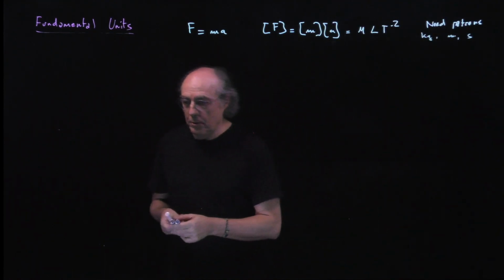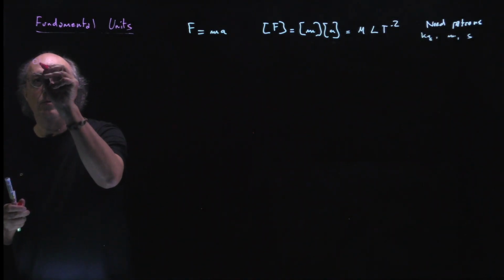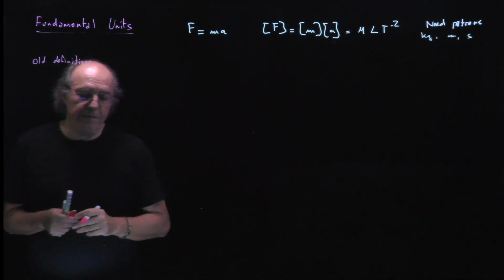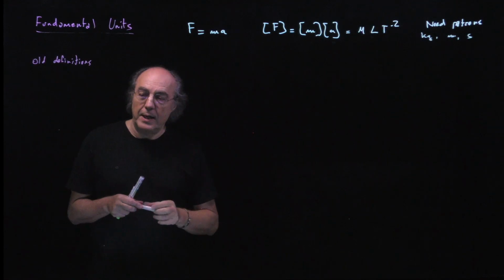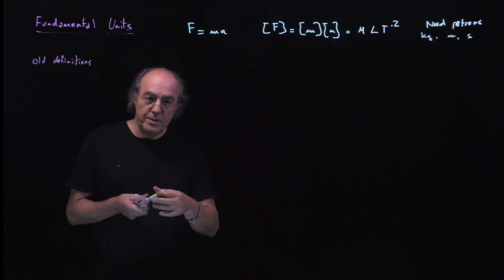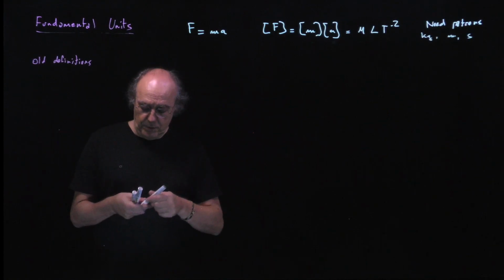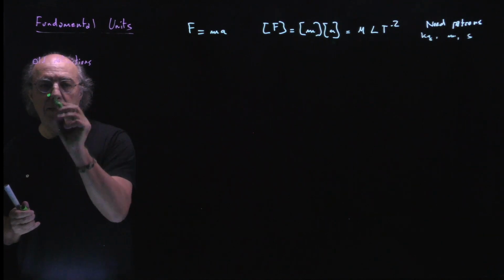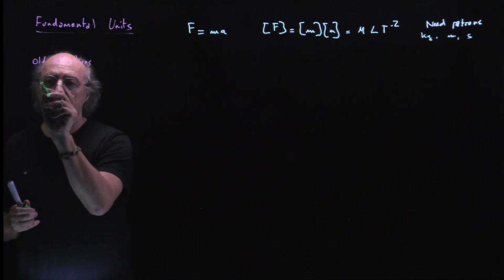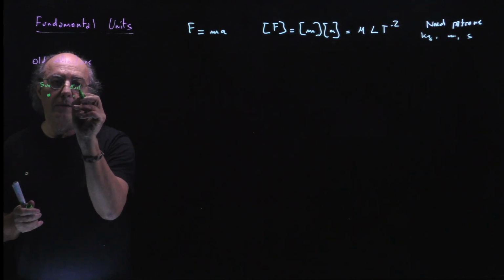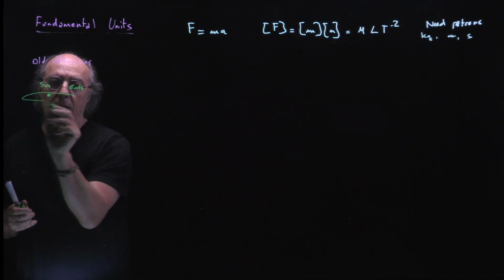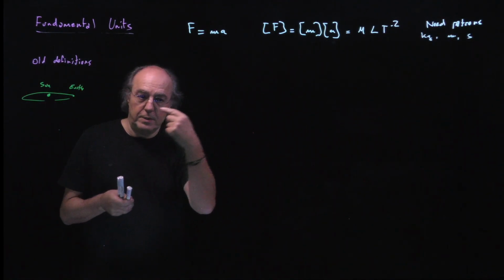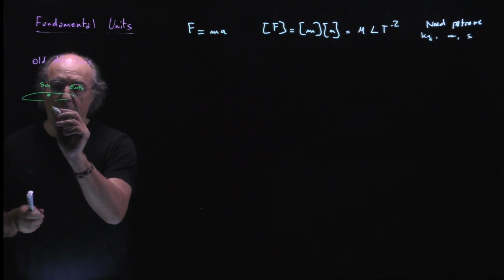So how was this done in the past? Let me talk about the old definitions. Well, people used physical phenomena that were accessible to them. For instance, they would consider the rotation of the Earth in the beginning, or later the system of the Sun and the planet Earth orbiting, and a fraction of the time that the Earth rotates around the Sun was the definition of a second.